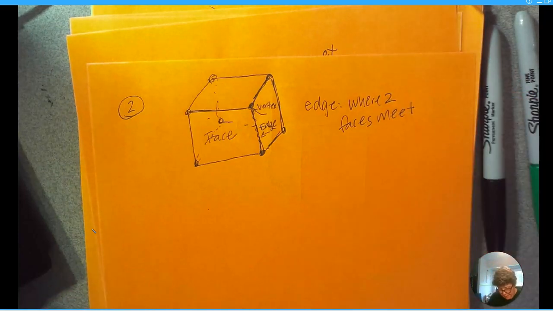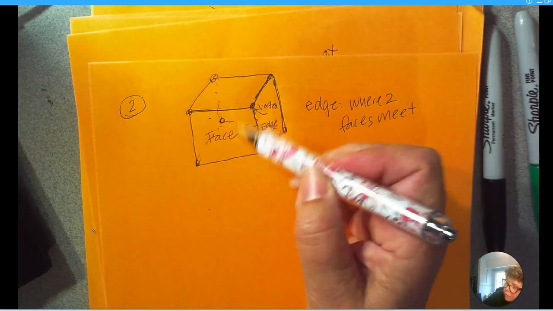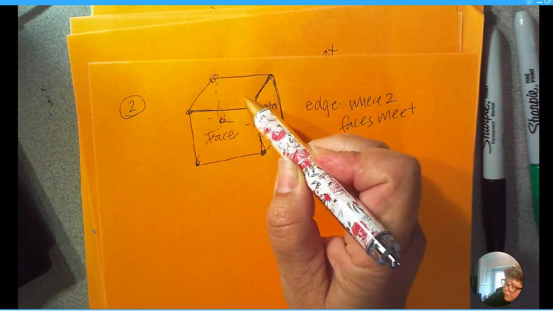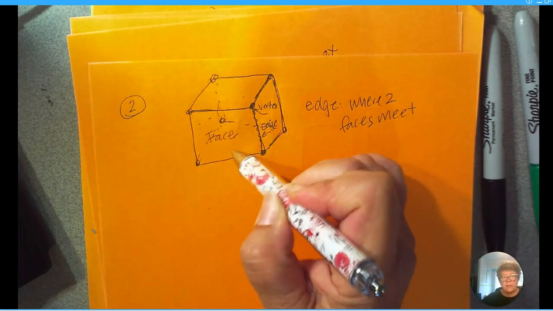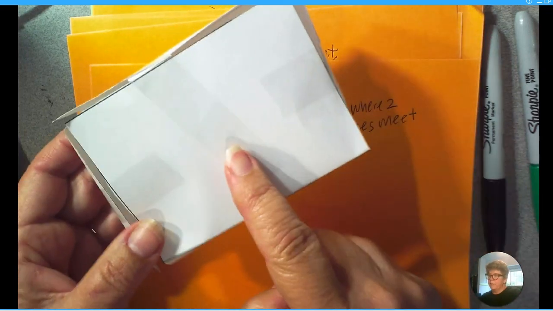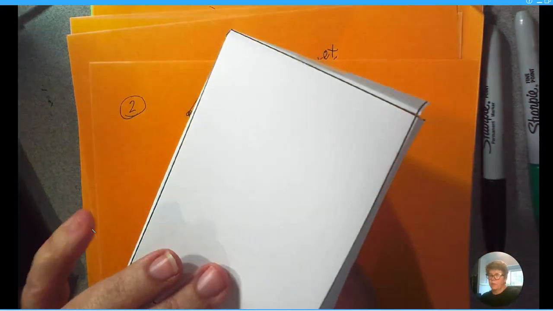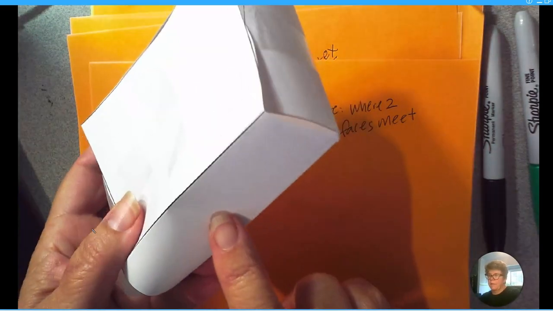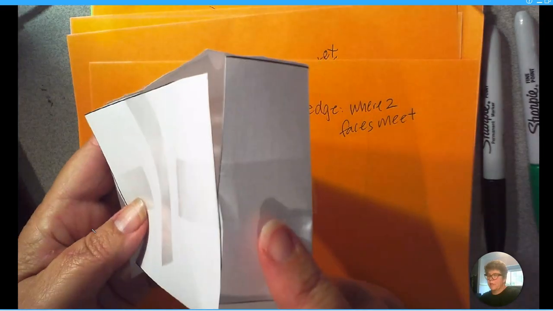Okay. How many faces does a right rectangular prism have? Let's look at the faces. Here we can see 1, 2, 3. And then in the back here is 4. And over here is 5. And below is 6. You could also use your shape that you have. 1, 2, 3, 4, 5, and 6.